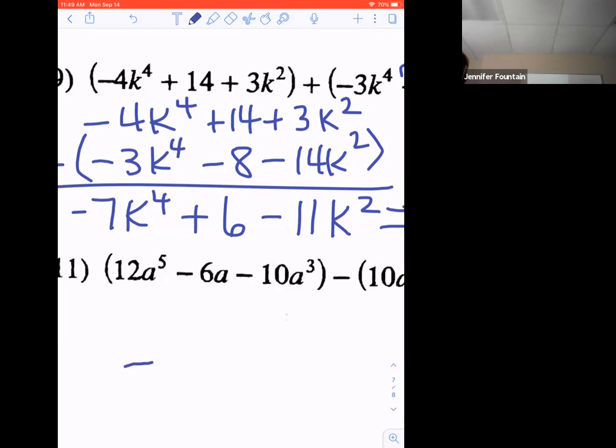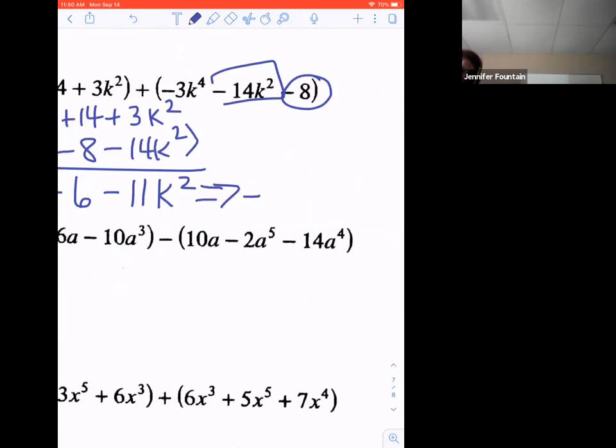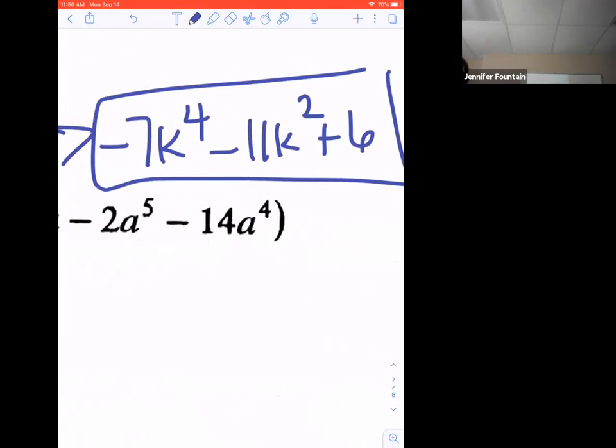So my highest exponent is going to be negative 7k to the 4th, so I'll write that one first. Then I have negative 11k squared, and then the last would be plus 6. That's the proper order you would write that answer in.